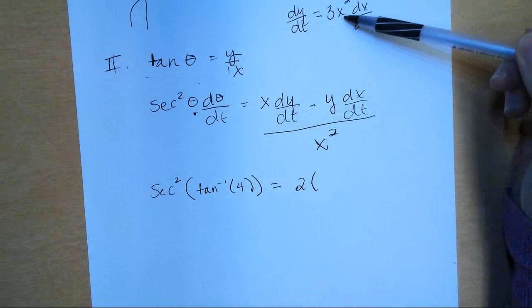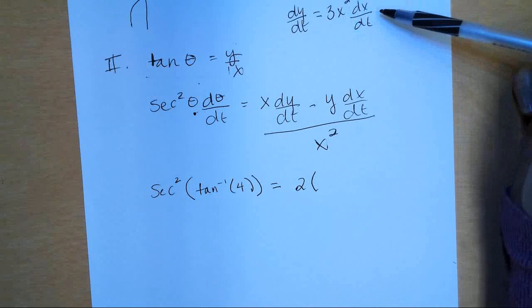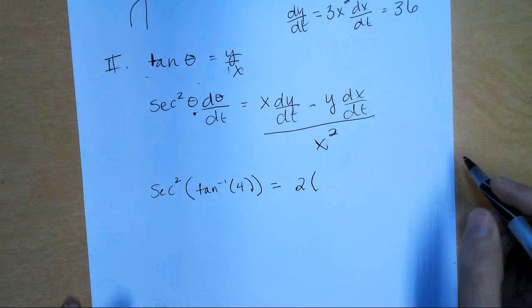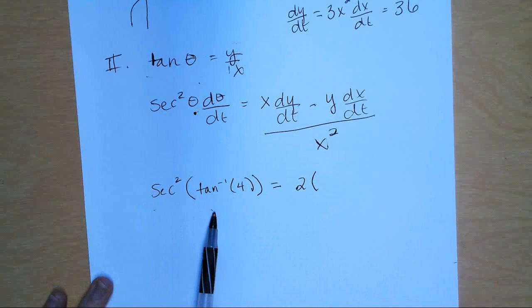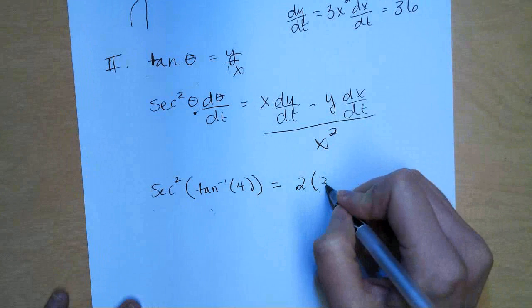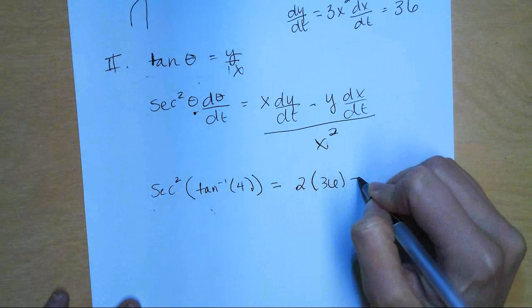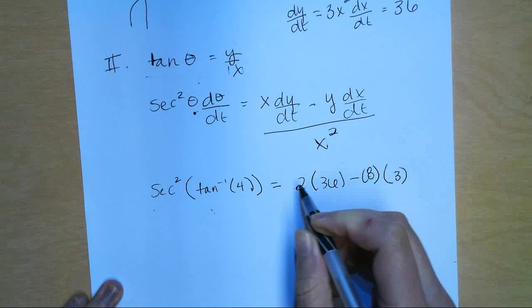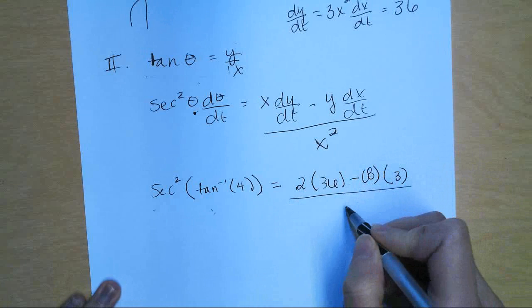It's going to be 3 times 4 times 3. So 36. Okay, so back to here. Do you see where I got this, Jonathan? Equals 2 times dy dt, which is 36, minus y, which is 8, times dx dt, which is 3, over x squared, which is 4.